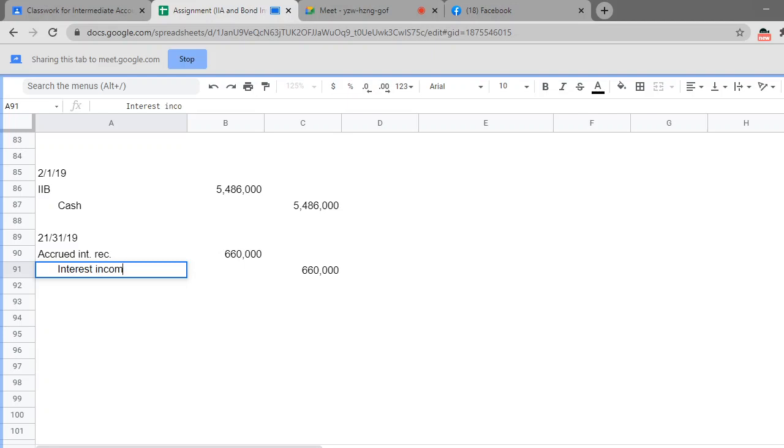Interest income. Next, we have the amortization. Okay? Amortization, discount daw. So, dapat mabawi nato si investment in bonds, right? And dapat mas dako ang atoang actual or effective na interest received or interest income. So, that would be another credit to interest income. Kaso nga lang, ma'am, how much?